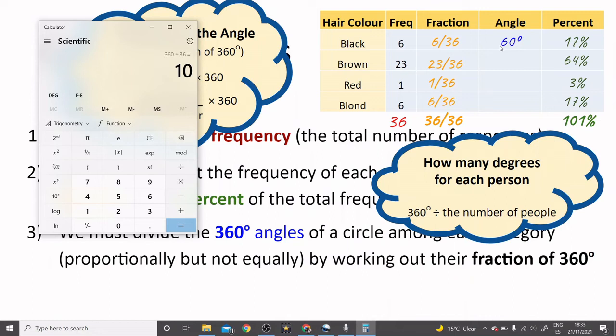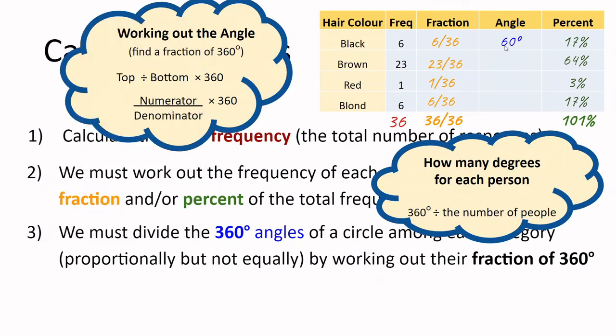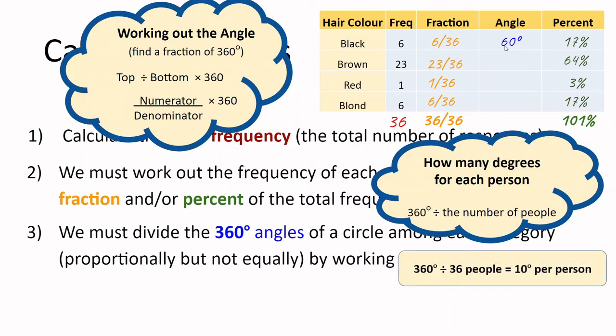But I could also go the other way. So long as we're dividing by the denominator of the fraction, it doesn't matter how we start. So I'll start by doing 360 divided by 36. That's saying the full 360-degree turn is being divided into 36 parts. Each of those parts represents one of these people. That means that each of these people is represented by 10 degrees on the pie chart.